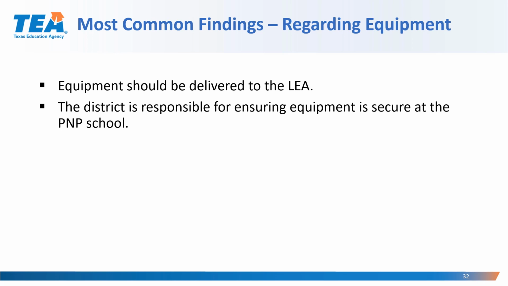The bar is set pretty high for property that is located on site at private schools. So it is the responsibility of the LEA to ensure that they have oversight and keep inventory and tag all of the property and equipment that is located at a private school for equitable services.